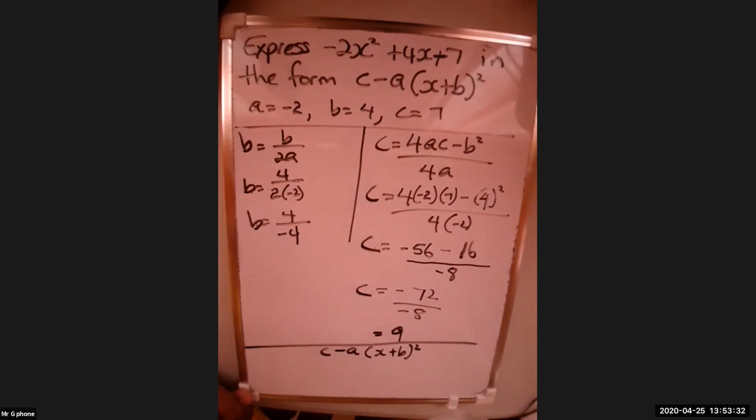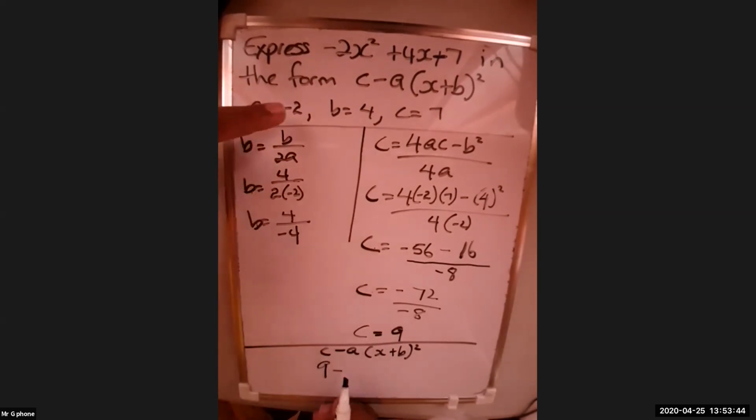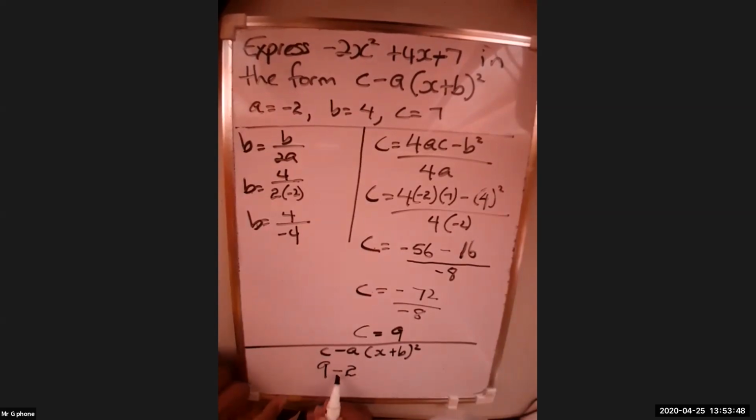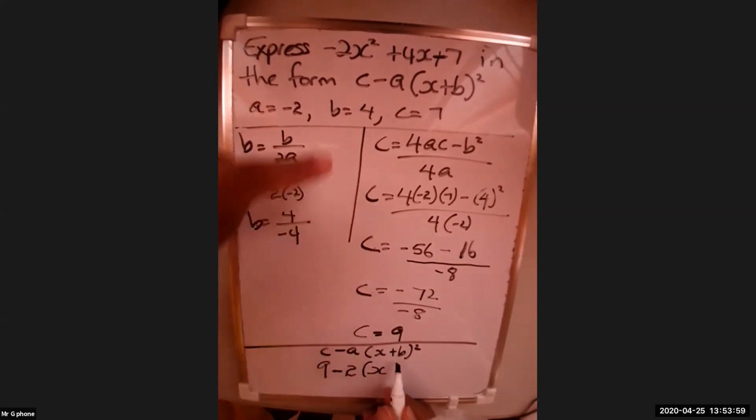Everybody good, right? Nobody confused, right? No, sir. Okay. So C is 9, so we write a 9 minus A. And remember, I told you all in the note, we're just taking the value of the A, which is 2, and we're not taking the sign. Because if we are taking the sign, this would have changed this here. So it's just the value we take, not the sign. So just 2, X, and B. What is B? 4.